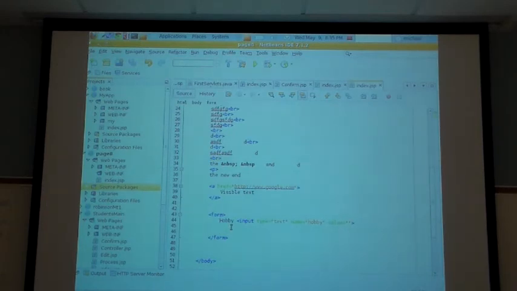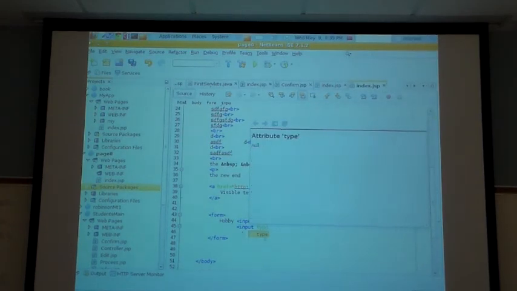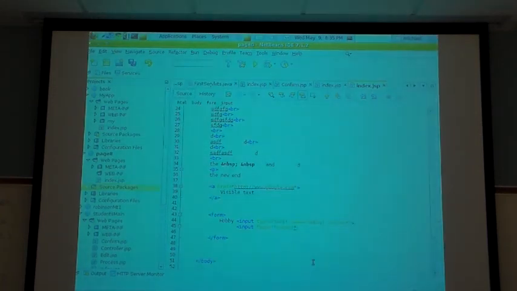Okay, so now the next line, he's got another one called the same way. There's no name after that, but let's follow the indentation here, and also we call it input. Gotta spell it right. The type on this here, instead of being text, is going to be equal to submit. So what kind of type is submit?